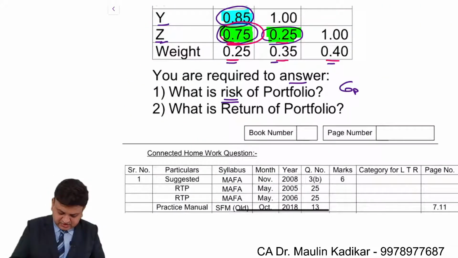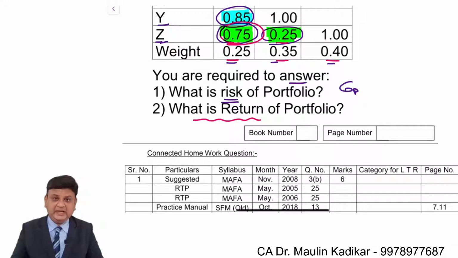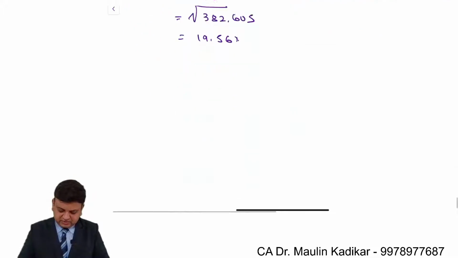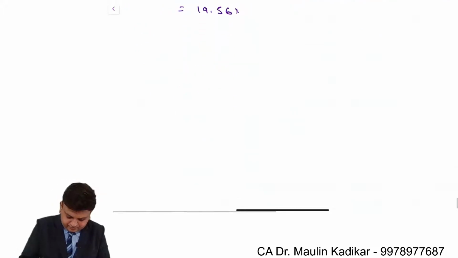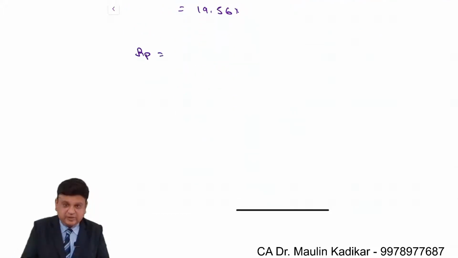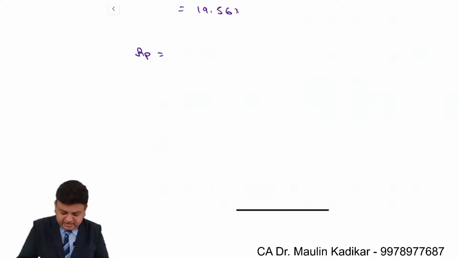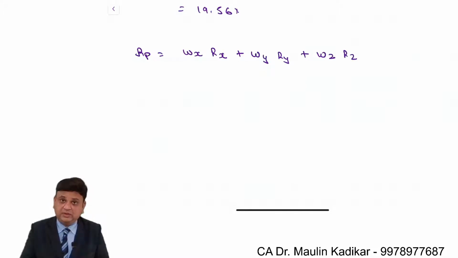Second part of the question is calculation of the return of the portfolio. For that, either you can prepare a table or otherwise we can have a formula like this, friends. Weight of x into return of x plus weight of y into return of y plus weight of z into return of z.